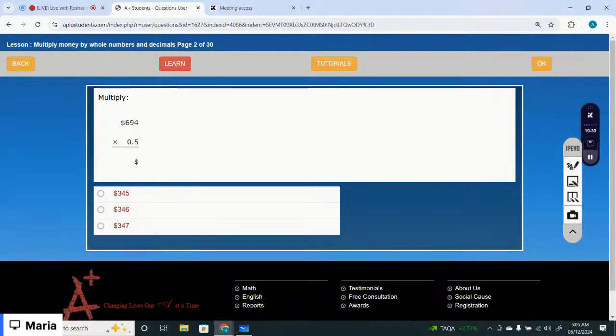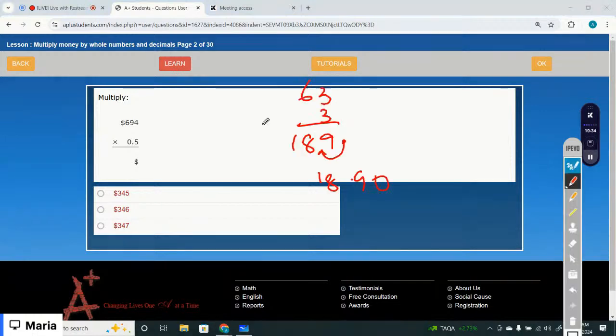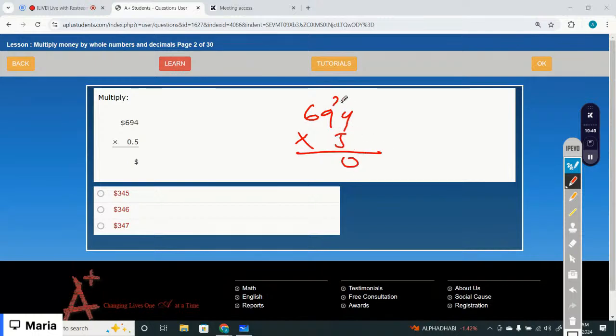694 times 0.5. So which is the correct option? Let's just multiply them without the decimal point. 5 times 4 is 20, 5 times 9 is 45, and 2 is 47.